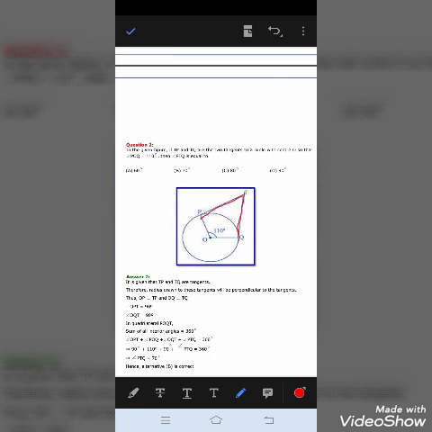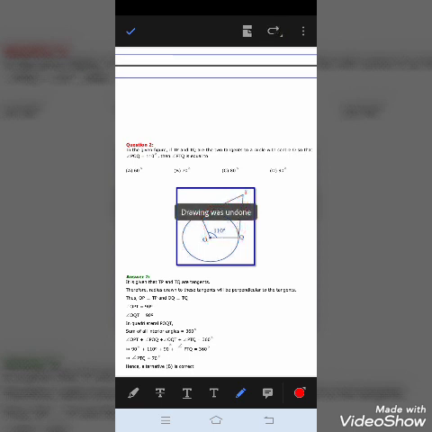TP and TQ are two tangents to a circle with center O, such that angle POQ is 110 degree. Then angle PTQ is equal to how many degrees?